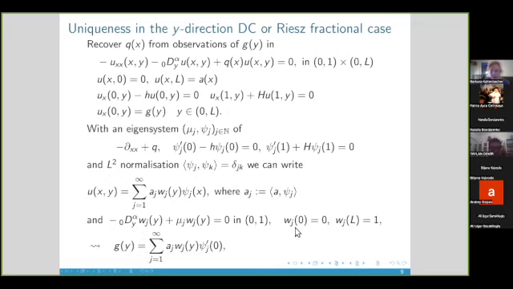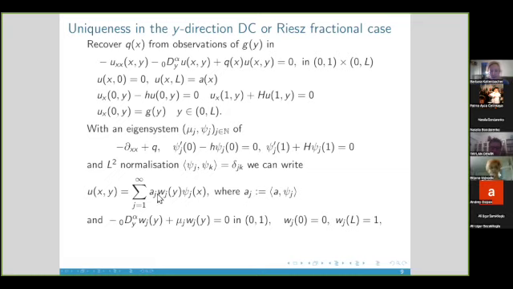With boundary conditions. First of all, we have homogeneous boundary conditions at the left-hand endpoint. And in order to recover the non-zero Dirichlet boundary condition, we normalize these wj's to satisfy 1. Afterwards, multiplying with the coefficient of A, this gives us back this boundary condition.